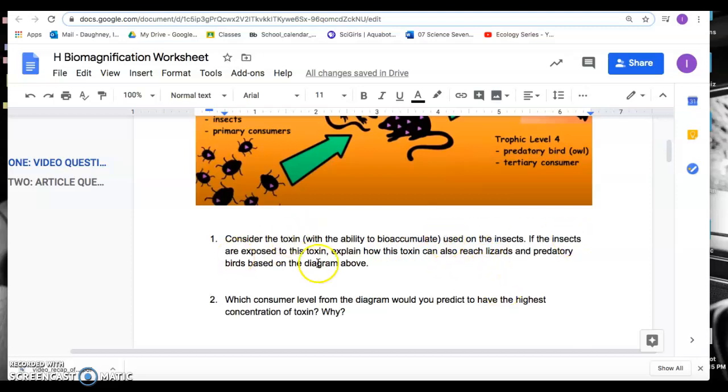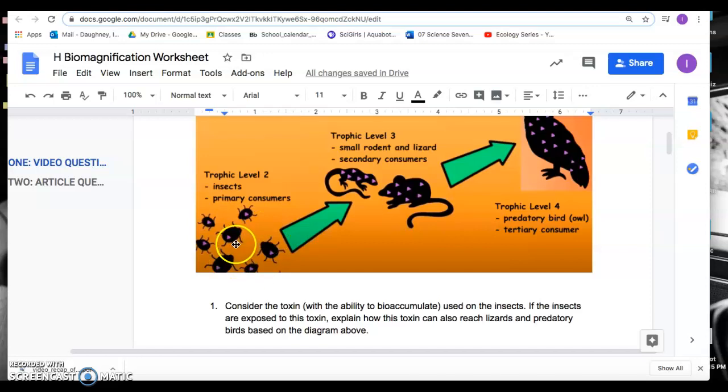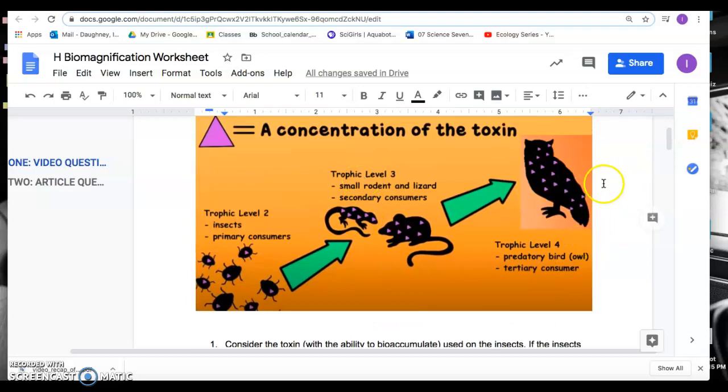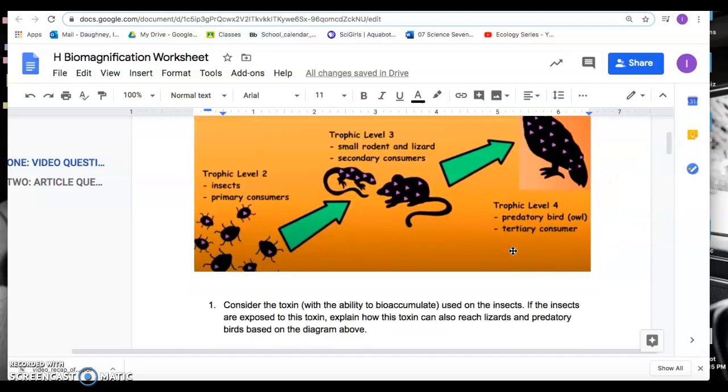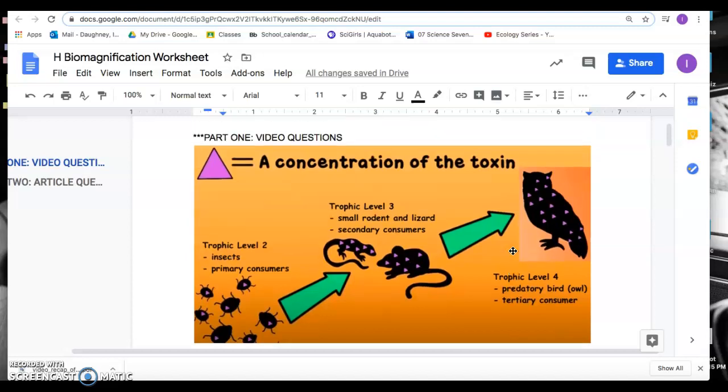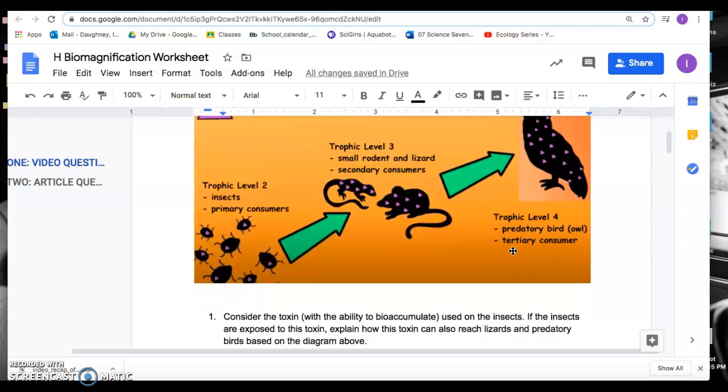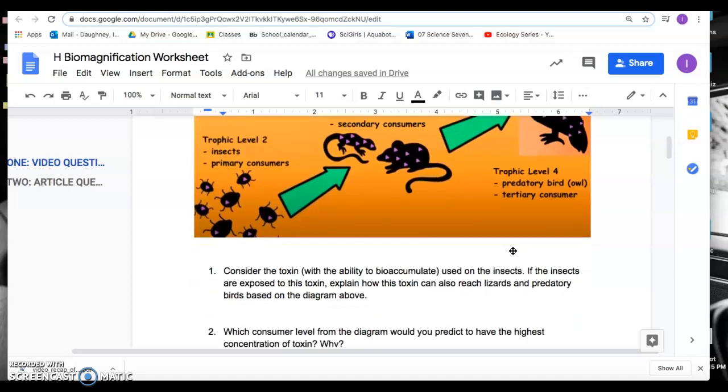If the insects are exposed to this toxin, I want you to explain how the toxin gets to these guys and then gets into these guys, okay? So again, we're paying attention. We want to be able to explain it in our own words. If you're having trouble, then I suggest watching the video again and then maybe looking up some information from another source if you think you need it explained better, okay?